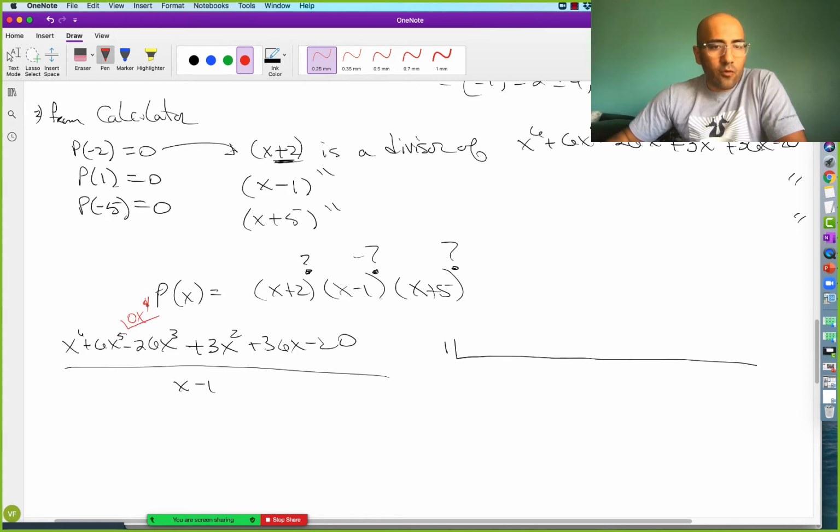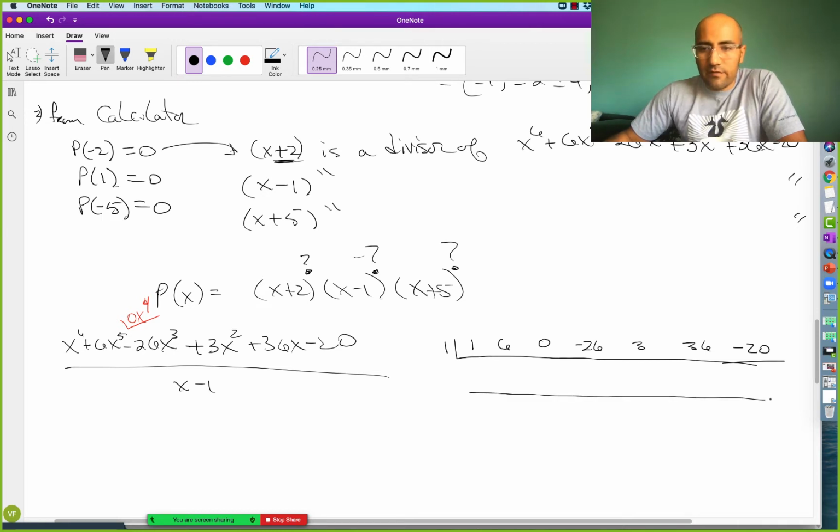So we have the 4 represented. 6, 5, 4, 3, 2, 1, 0. Okay, so it all works out. So now I'm going to copy those coefficients in front. There's a 1, then there's a 6, then there is a 0, then there's a negative 26, then there's a positive 3, then there's a positive 36, then there's a negative 20.